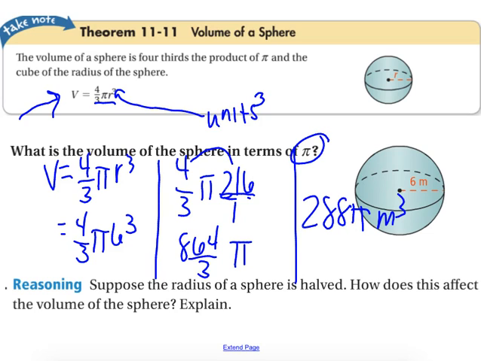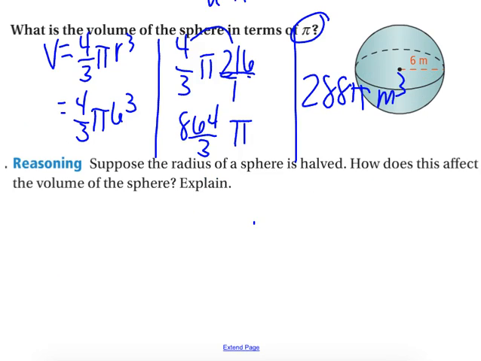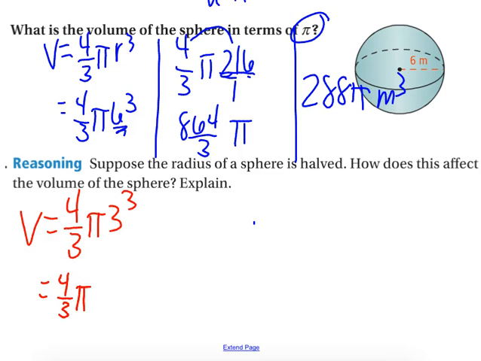All right, it says, reasoning. Suppose the radius of a sphere is halved. How does this affect the volume? Well, just to make our life easier, we use 6 as a radius, so let's do half that. Let's make it 3. So, here we go. Volume equals 4/3 pi 3 cubed. 3 cubed, we all know, is 27.